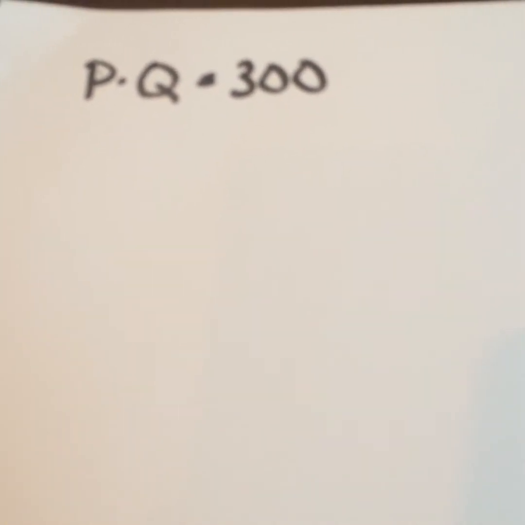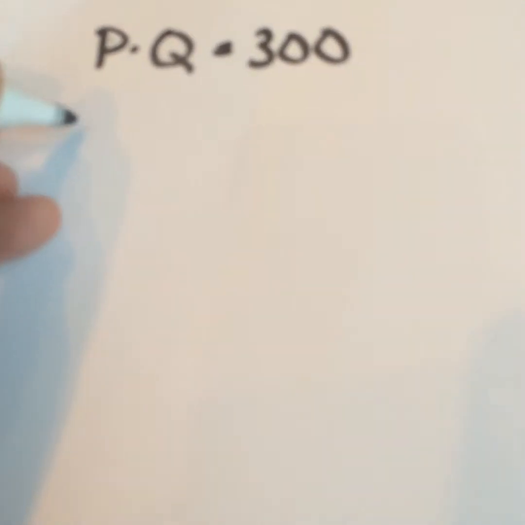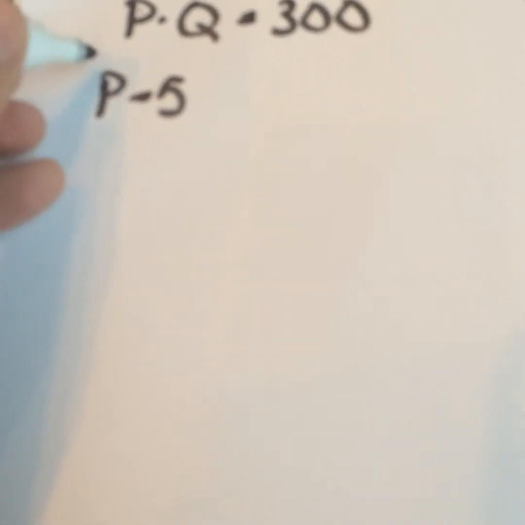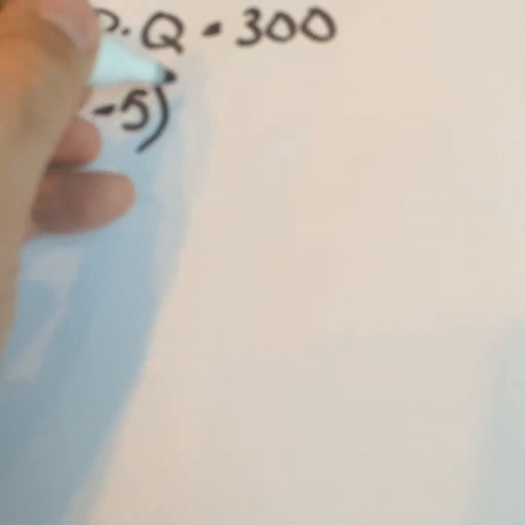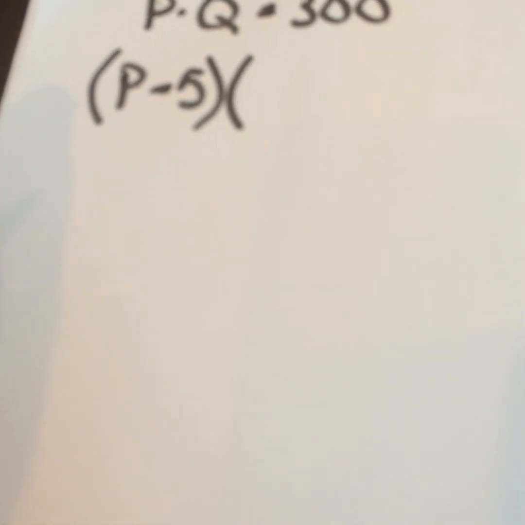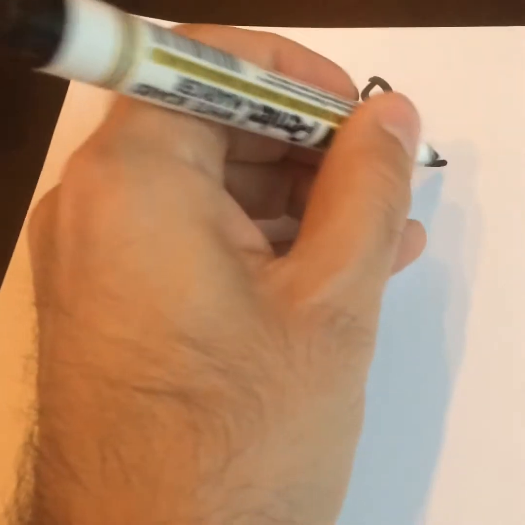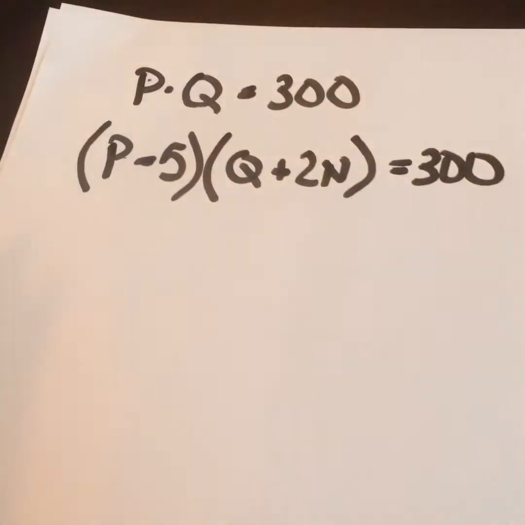Now from the second sentence, we also know if the price were lowered by $5, or P minus 5, then Q plus 2N units would cost the same $300. So my price times my new quantity, which is no longer just Q, but Q plus 2N, is going to again equal $300.